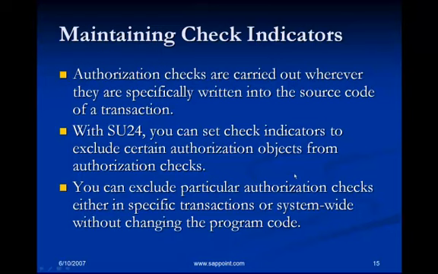Now, when a transaction code is executed, authorization checks are carried out wherever they are specifically written into the source code of the transaction using the AUTHORITY-CHECK statement. With SU24, you can set the check indicators to exclude certain authorization objects from authorization checks.